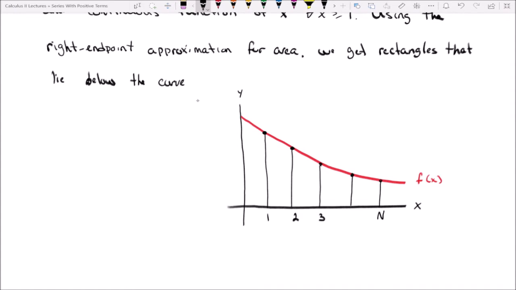So these would be our rectangles. This area represents a sub 1, this would be a sub 2, a sub 3, and so on, and this one here would be a sub n.